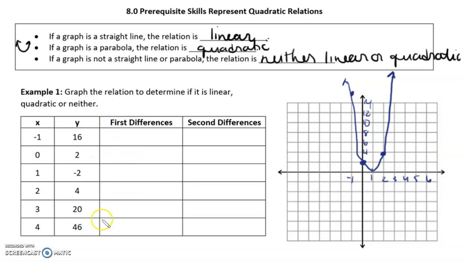Okay, so the first differences, just as a review, we're going up the y column and we're subtracting 46 minus 20, so 26. 20 minus 4, so 16. 4 minus, and be careful here, we have -2.